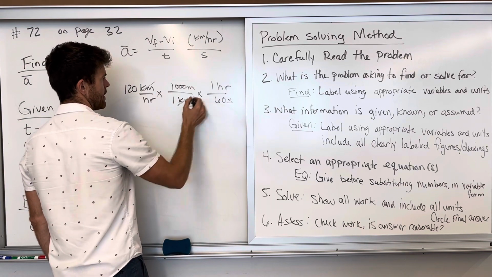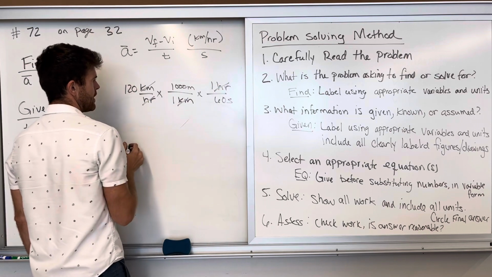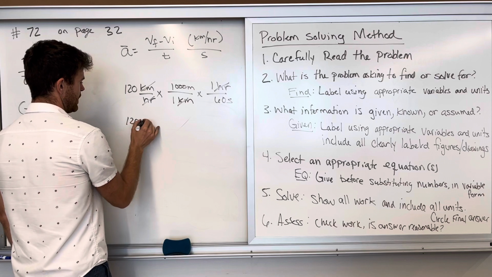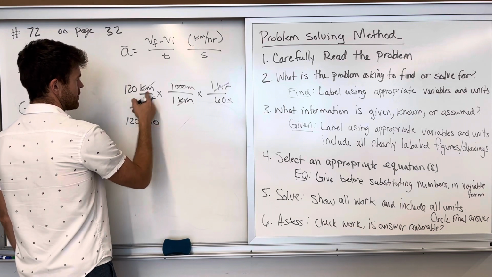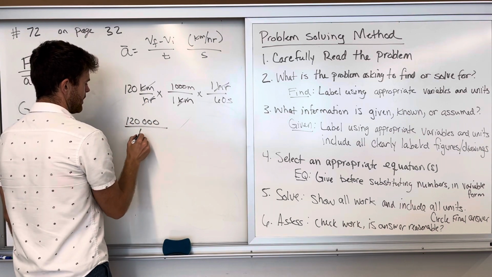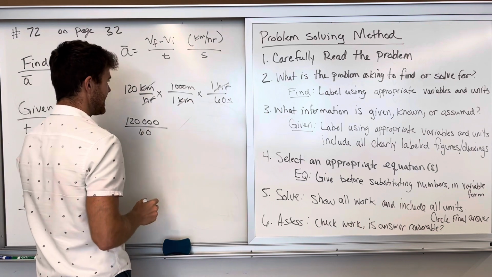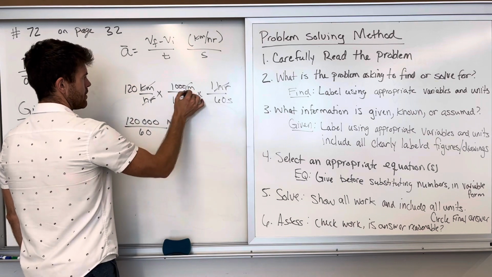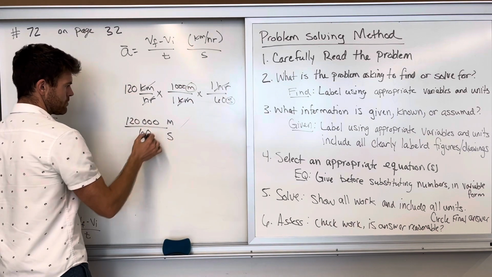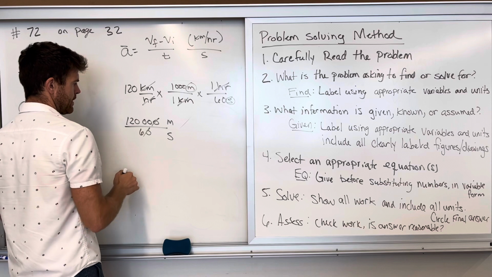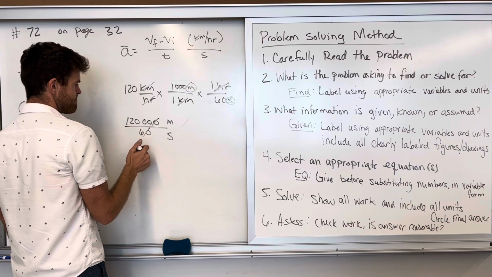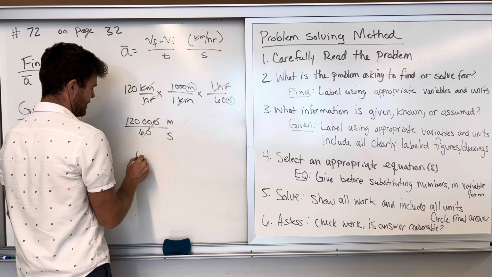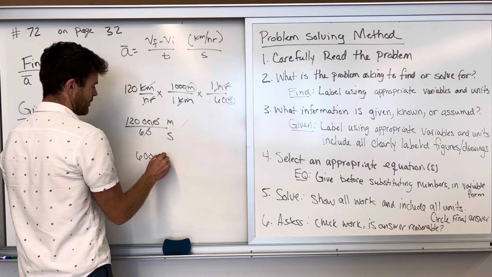So kilometers cancel out, hours cancel out, and I'm left with 120 times 1,000 divided by 60. This is units of meters per second. Okay, so this basically gives me 6,000 meters per second.